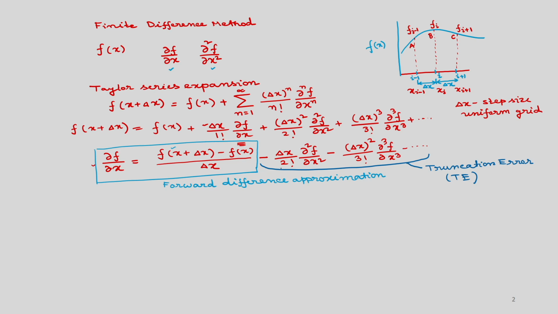What is truncation error? You can see that truncation error is the difference between the partial derivative and the finite difference approximation, because the finite difference approximation is this one, and this is your partial derivative.